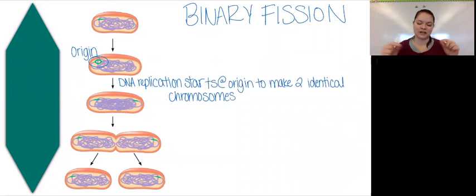And that origin essentially is now integrated into both chromosomes, and it'll move towards the outer edge of the cell.